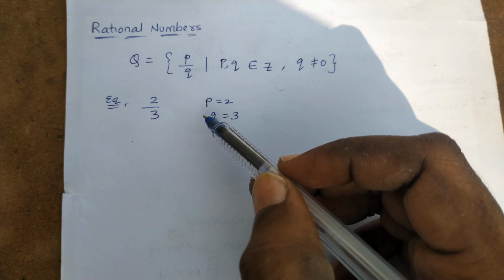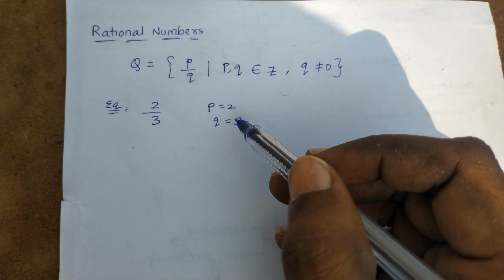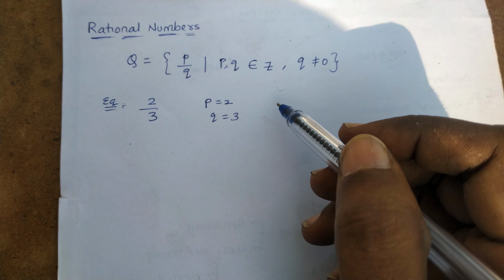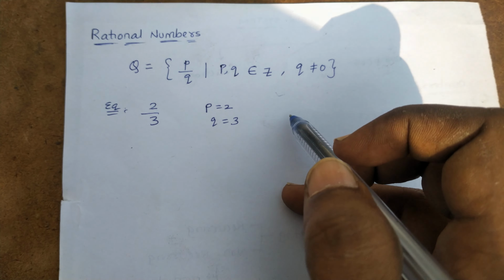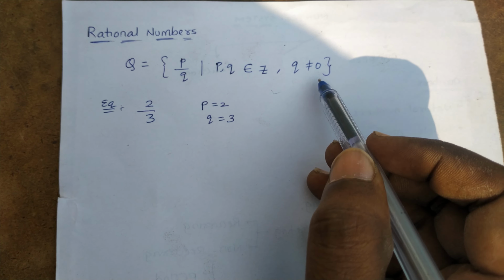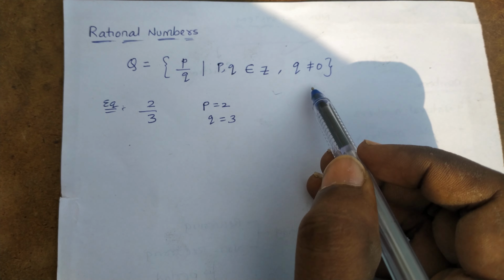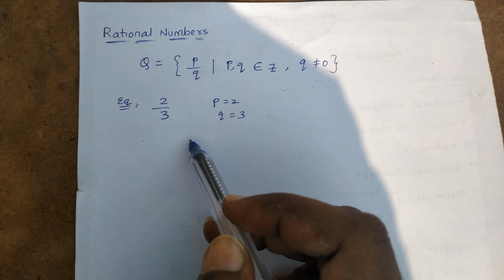So that's why this 2 by 3 is called a rational number. Are you able to get it? Always this q should not be equal to 0. Please remember that, this is a very important concept. So this is what a rational number is.